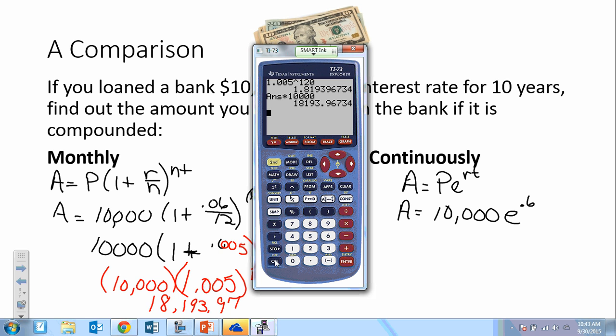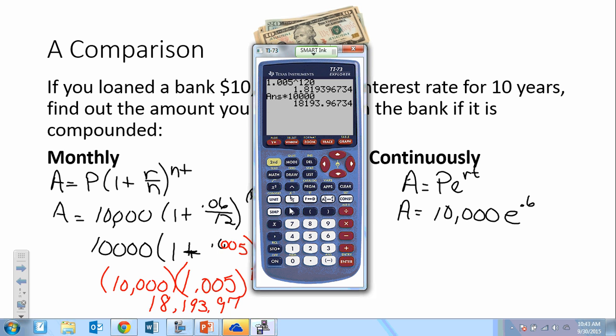We want first e to the power. So where's your e button on your calculator? It doesn't show up very well up there. EE is not it. That's your exponent.